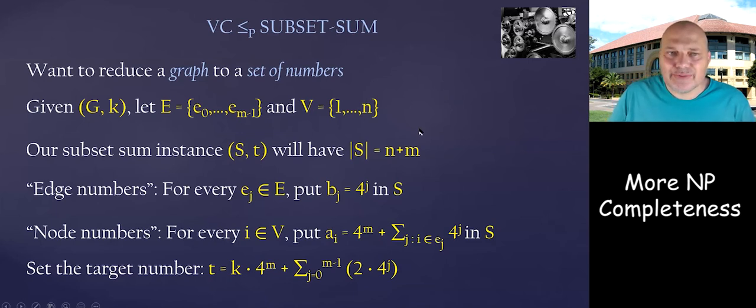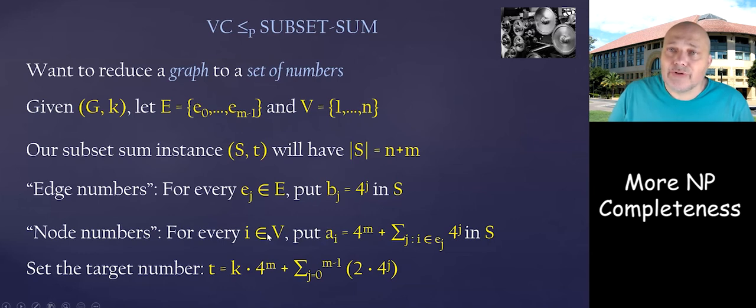This is again the construction. We had a graph. It corresponded to a set of edges and a set of vertices. We created the number for every edge, which was 4 to the j, where j is the index of this edge from 0 to m minus 1.